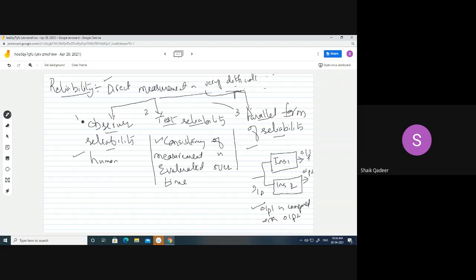Under observer reliability, write down: it is the degree to which different observers give consistent answers.